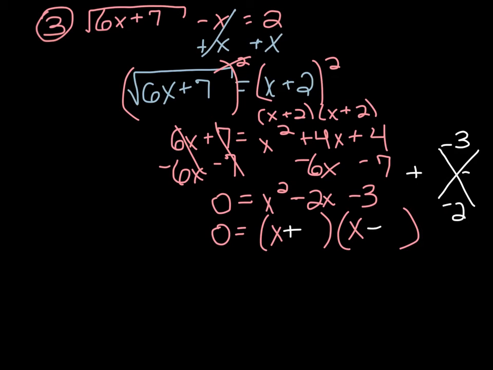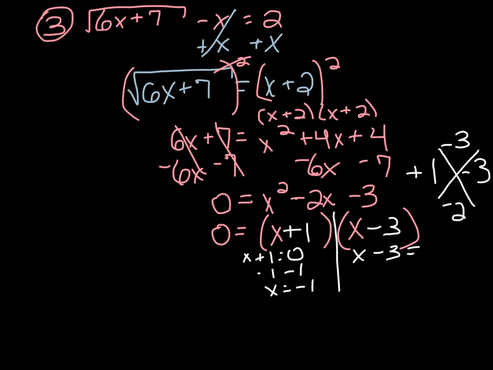Well, the only factors of negative 3 would be 3 and 1. So if the 3 is negative, the bigger number is negative, 1 is positive. I break it apart and set each part equal to 0. So I get x equals negative 1, or x equals 3. But again, these are not solutions until I check them.